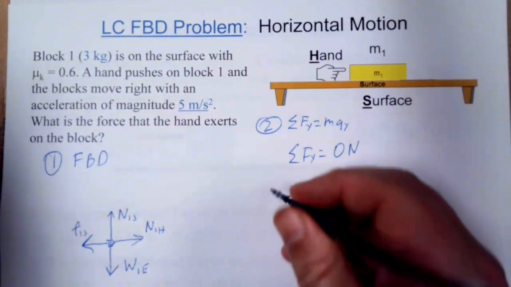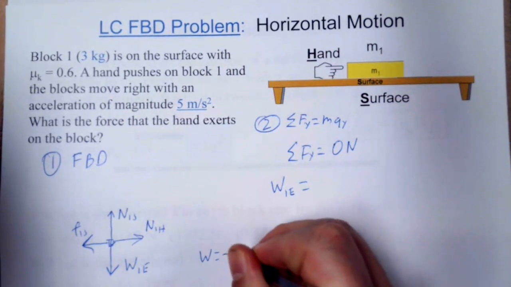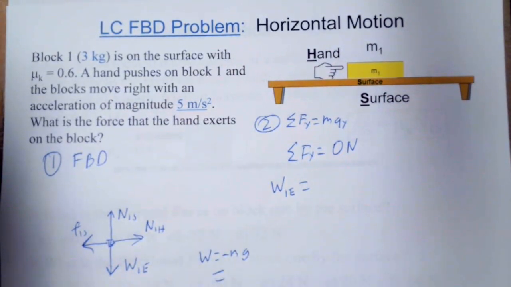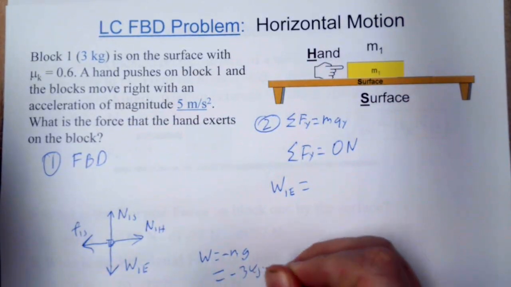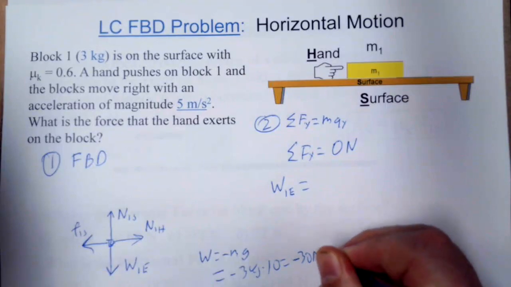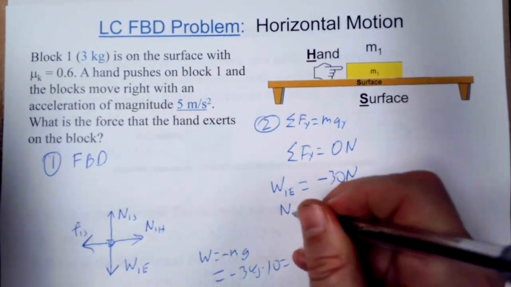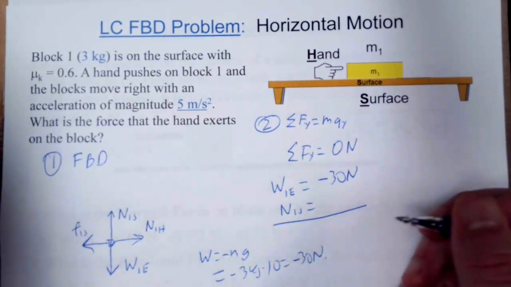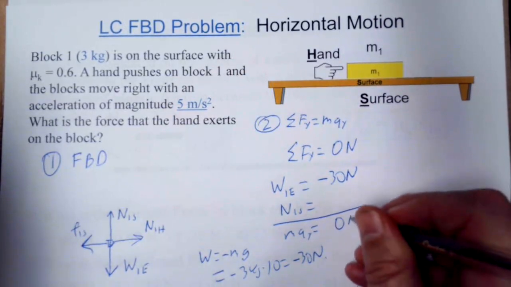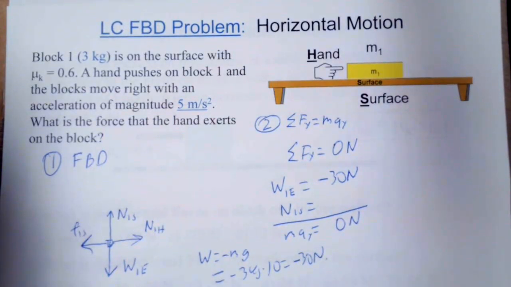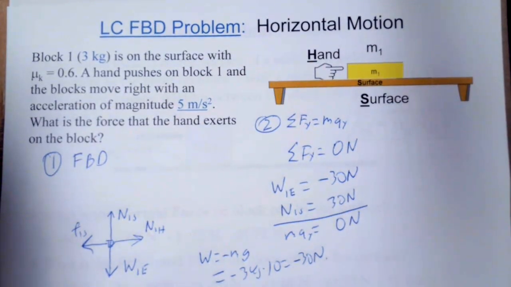We've got our weight force, weight 1e, which is equal to minus mg. This is going to be negative 3 kilograms times 10, so it's negative 30 newtons. The normal force by the surface we don't quite know yet, but the mass times acceleration in the y direction is 0 newtons. So minus 30 plus what gives us 0 newtons? This has to be 30 newtons.